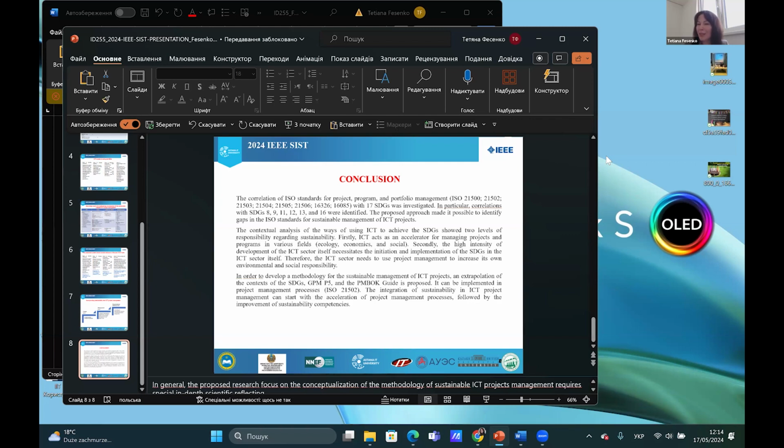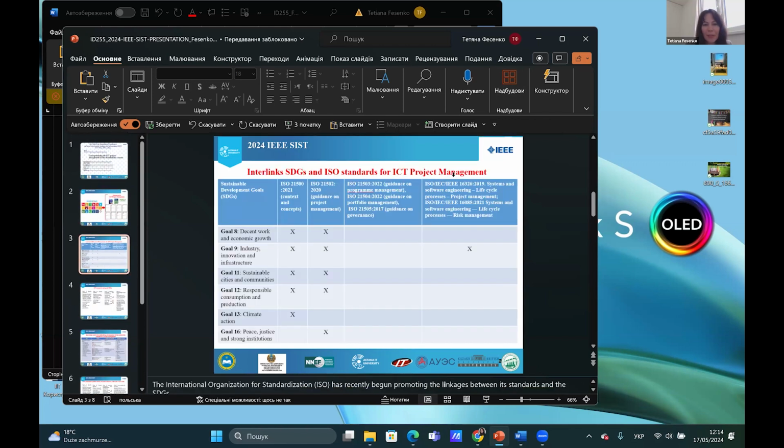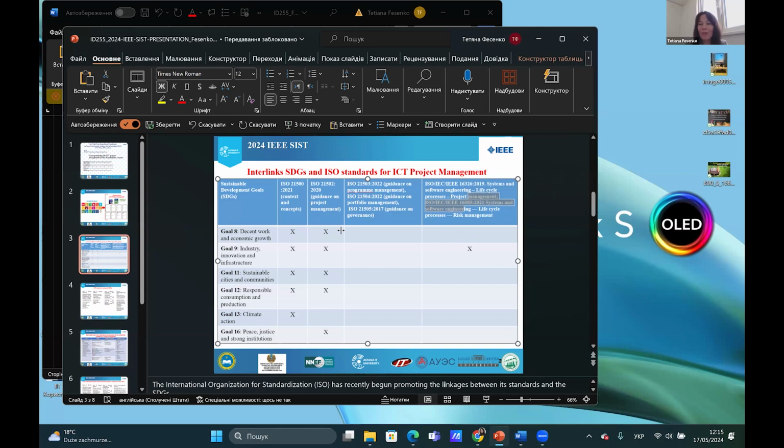ICT project management based on the new standard GPM P5, where I see standards for ICT project management, for example, systems and software engineering, I see no correlation with all sustainable development goals.